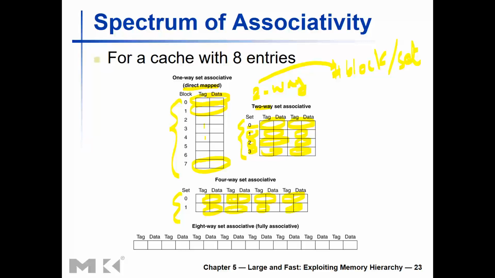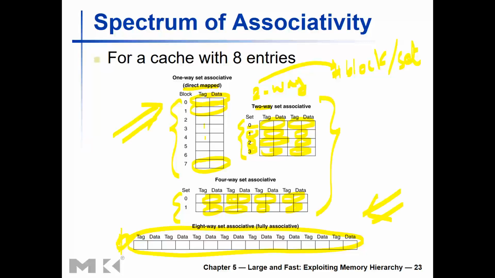Let's decrease the number of sets to just 1 set here, set 0, and this is the fully associative, in fact, where all the blocks are in one set. So this is the direct, this is the fully associative, and these are the k-way. One thing you can say is that direct mapping is one-way set associative, and the fully associative is eight-way, where eight is the number of blocks in the cache in this example.